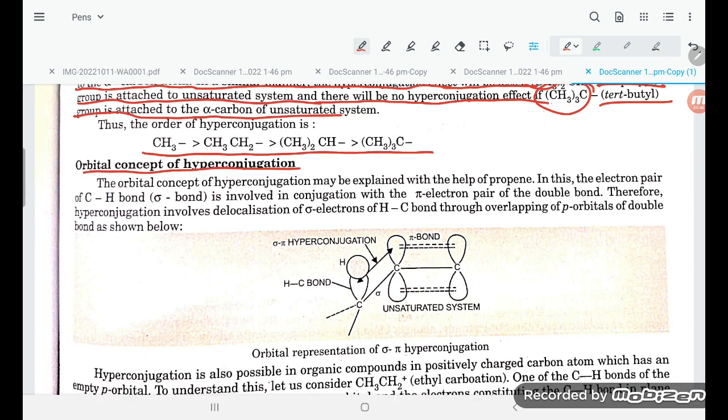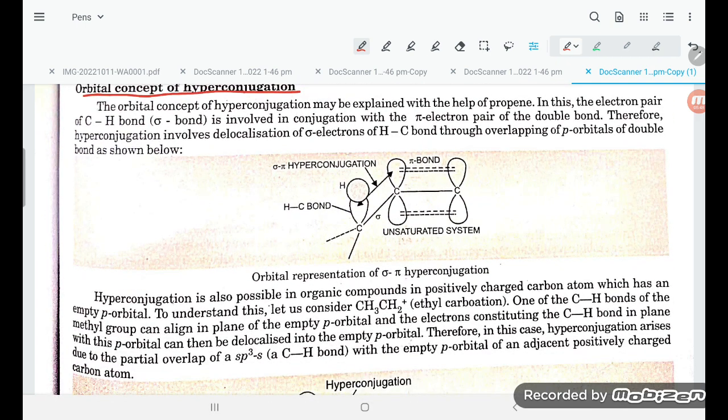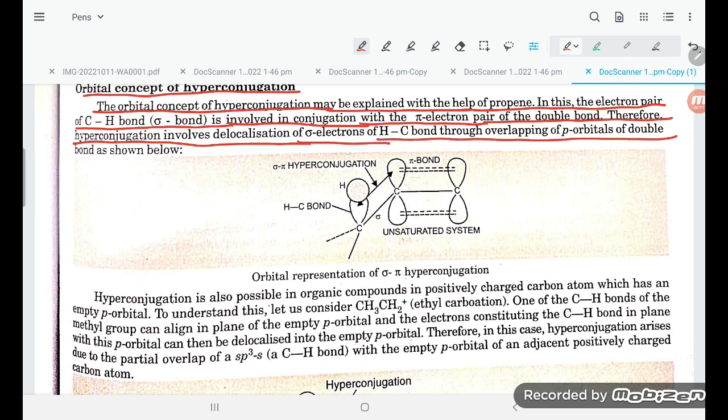Orbital concept of hyperconjugation. The orbital concept of hyperconjugation may be explained with the help of propene. The electron pair of the C-H bond is involved in conjugation with the pi electron pair of the double bond. Therefore, hyperconjugation involves delocalization of the sigma electrons of the C-H bond through overlapping with the p orbitals of the double bond, as shown.